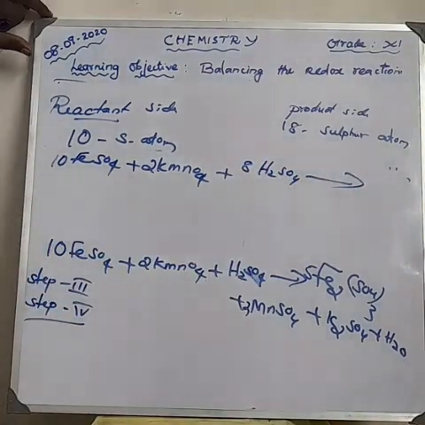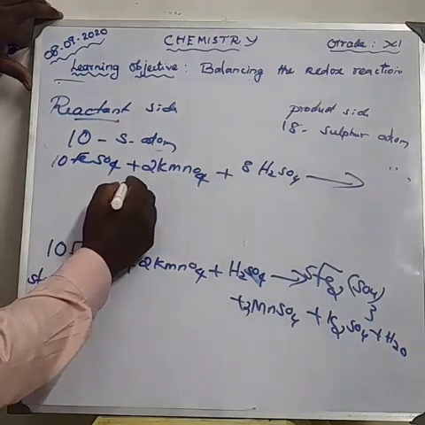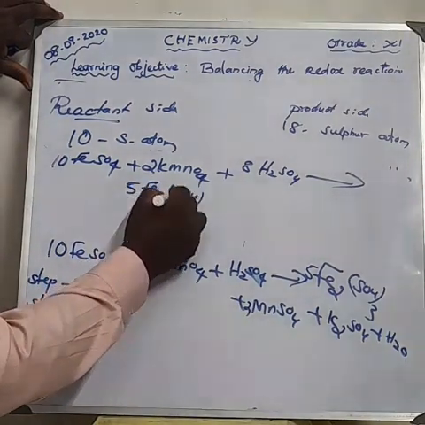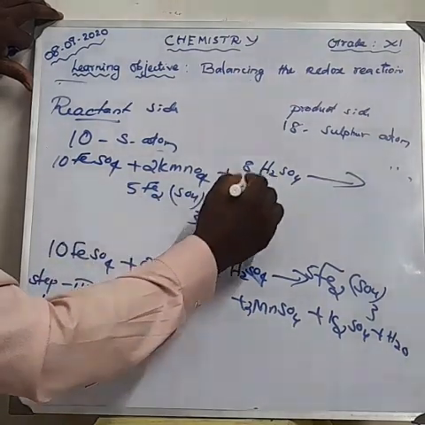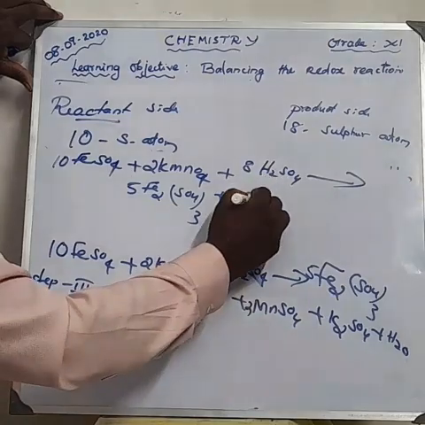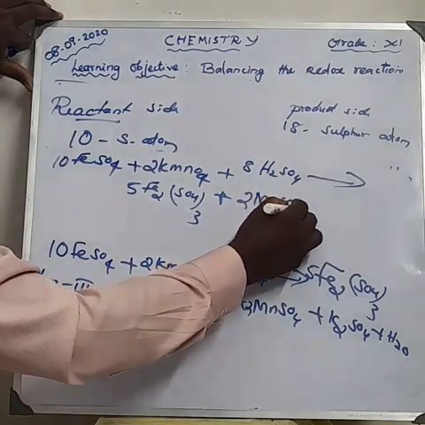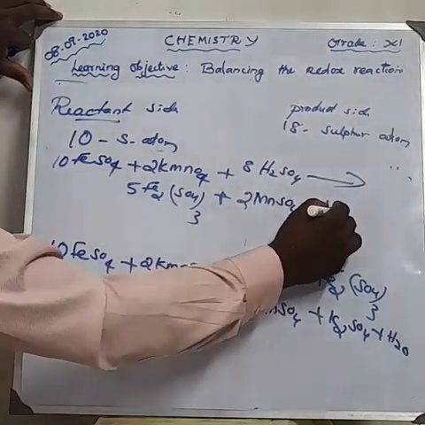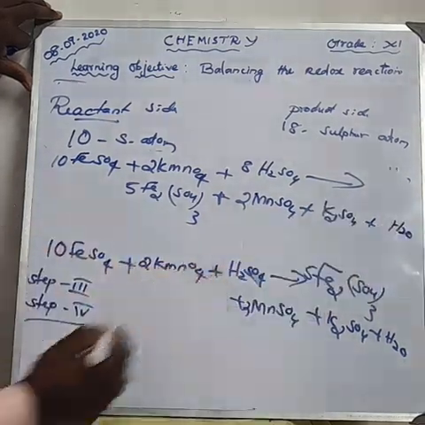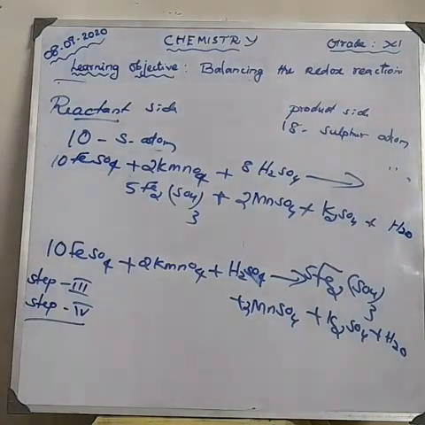Then the remaining products: 5 Fe2(SO4)3 plus 2 MnSO4 plus K2SO4 plus H2O. This is the fourth step.